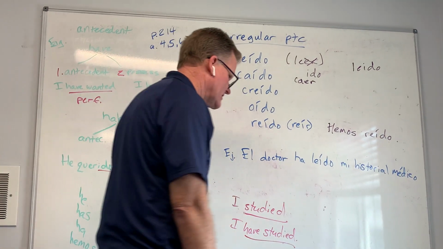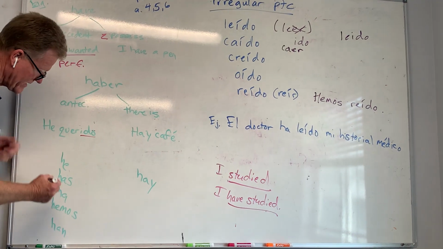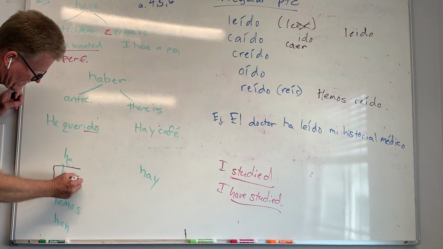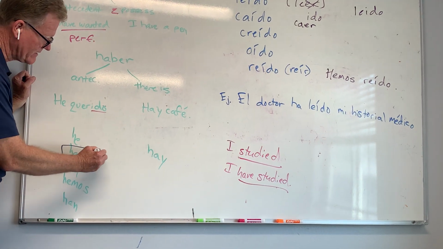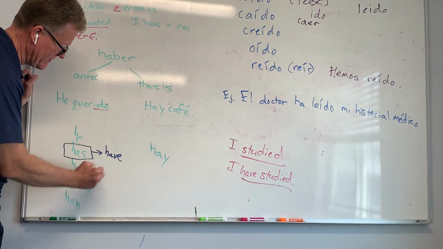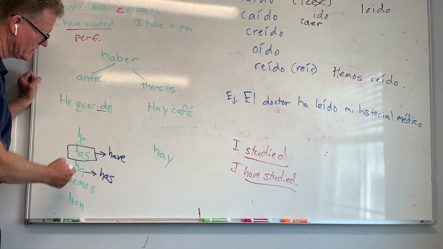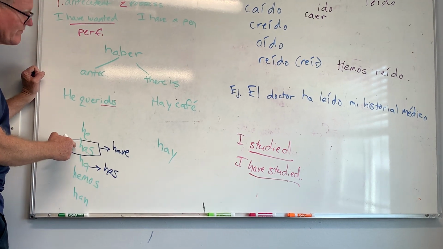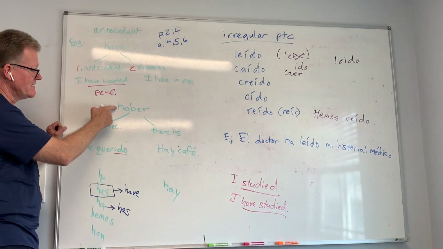Okay, one more thing I wanted to say, and that is, right here, this looks like it says has, but remember, this is going to be translated have, and this is going to be translated has in English. Because it just could be confusing, right? We're using a different verb for the antecedent.